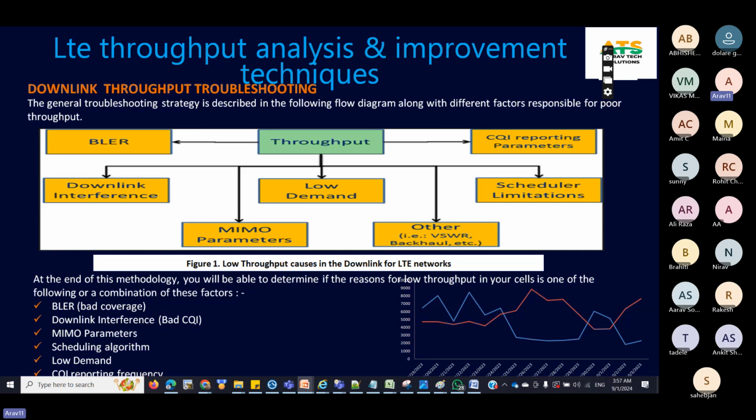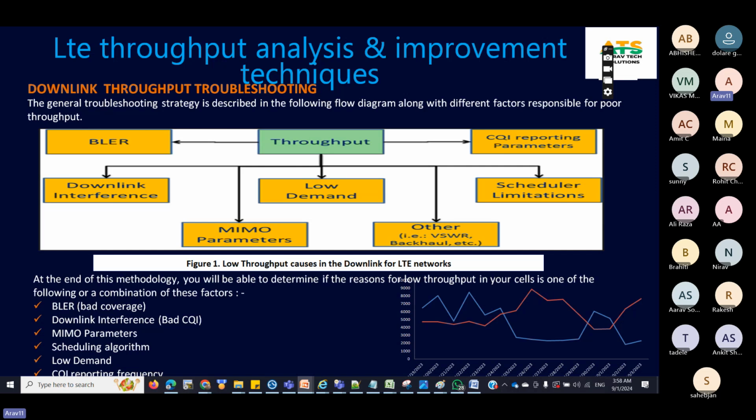Different factors are responsible for the poor throughput. You can get poor throughput if BLER is high. Suppose the block error rate is high, more than 10%, then you can get poor throughput. CQI, SINR, radio condition are the important factors on which throughput depends.